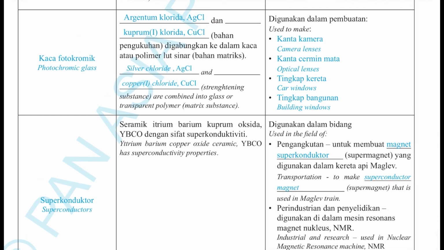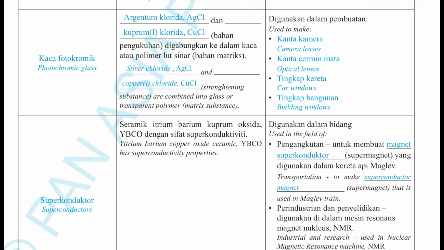Silver chloride, AgCl, and copper 1 chloride, CuCl, strengthening substance are combined into glass or transparent polymer matrix substance used to make camera lenses, optical lenses, car windows, and building windows.